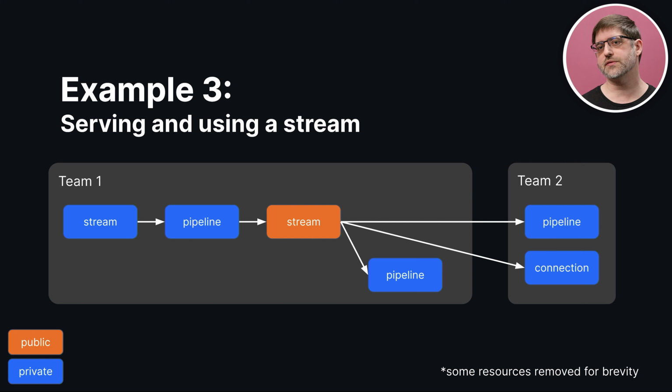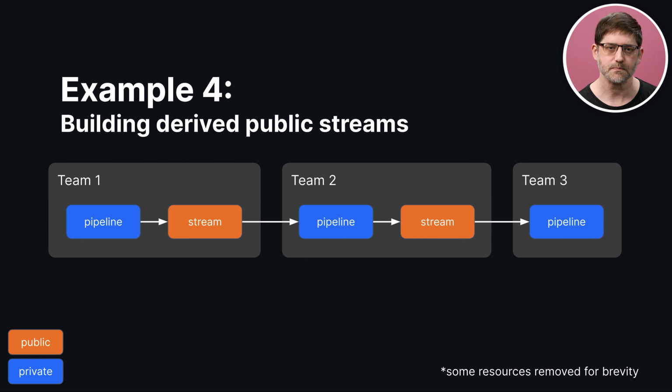It's worth pointing out that nothing precludes you from both serving the stream and using it for internal private use cases. If you're the team responsible for getting all the clickstream for a retail site, you might also build downstream pipelines yourself, but you can also serve that clickstream data to many other teams within the organization. You just have to decide what the public resource facing the other teams is.